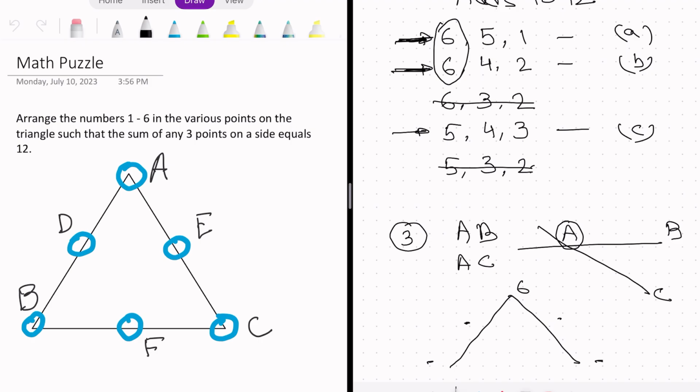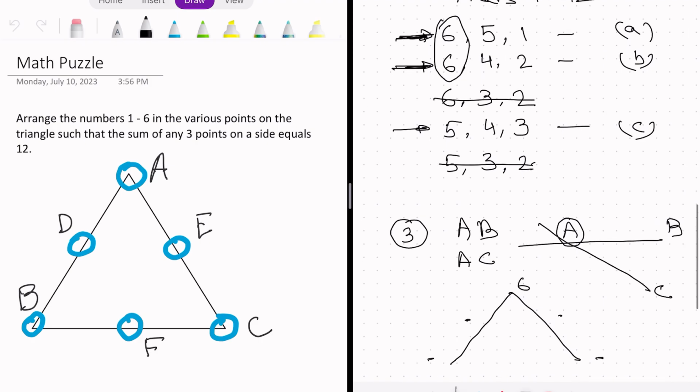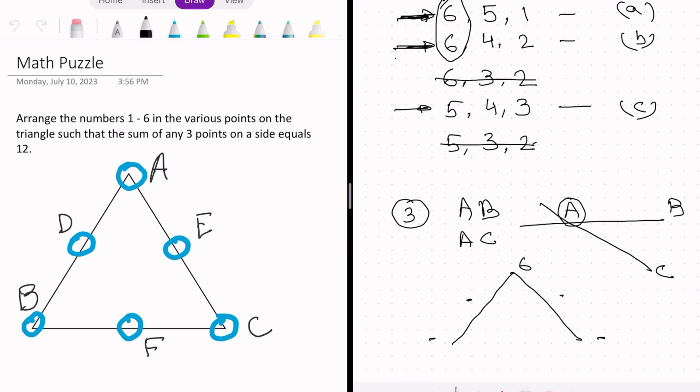Similarly, if I look at lines B and C, the common element is 4, which means that between the line 642 and 543, the common point would be 4. So one of them, if I join these two lines, must be 4.